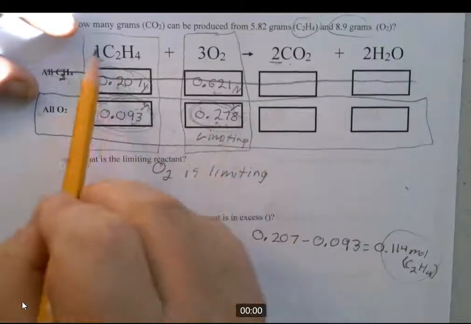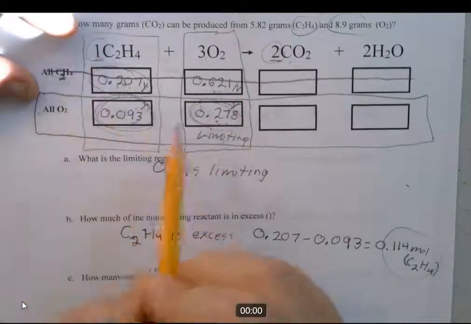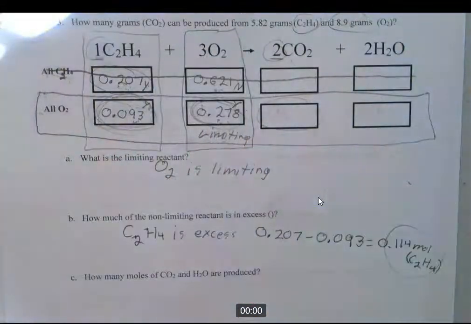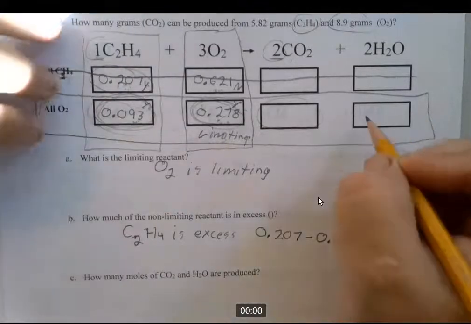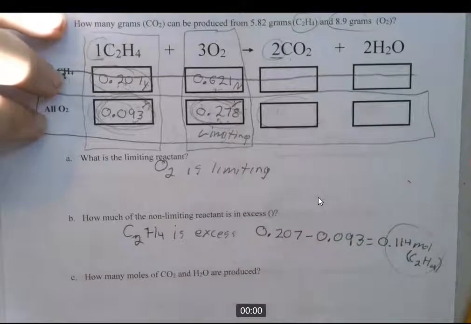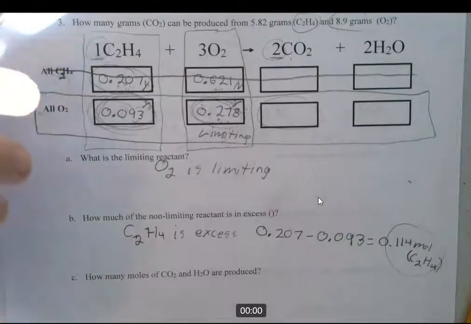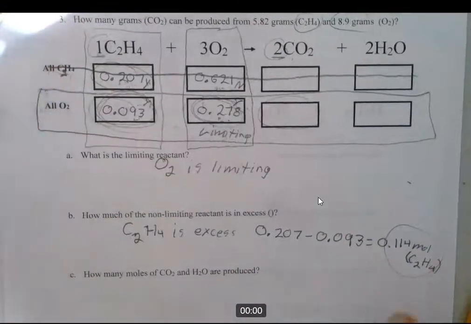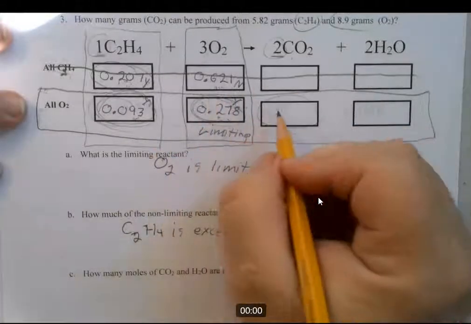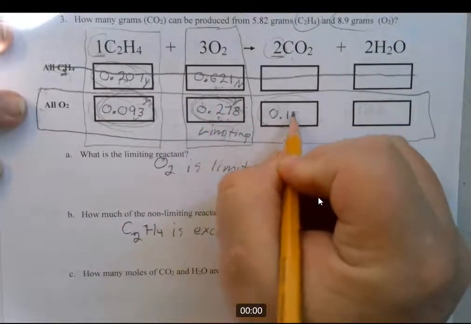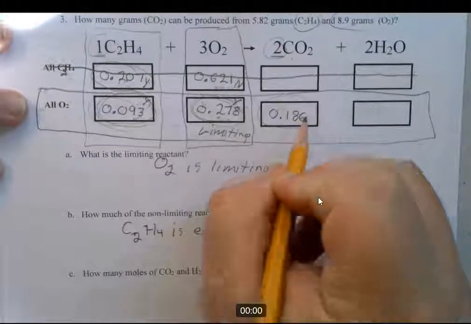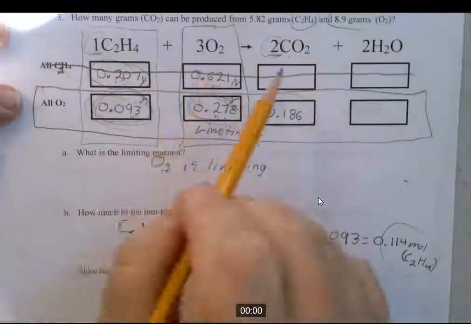So if this number is twice this number, then this number. All right, so we multiply 0.093 times 2, and we get 0.186. Okay? All you have to do is find a relationship that's going to work.